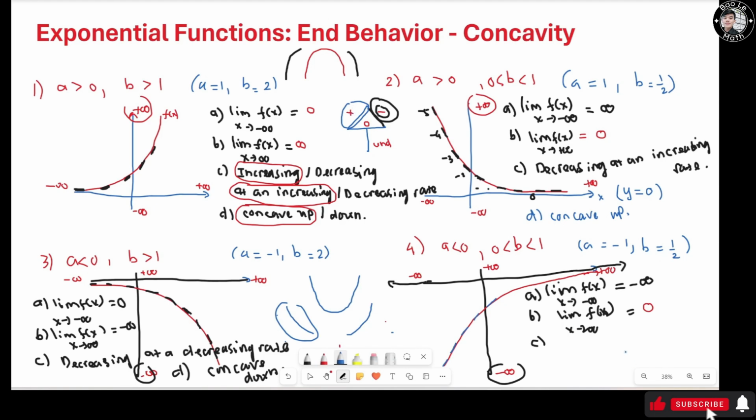It's positive, which means the function is increasing. But it's getting less steep, until it approaches 0, right? So the function is increasing at a decreasing rate, right?